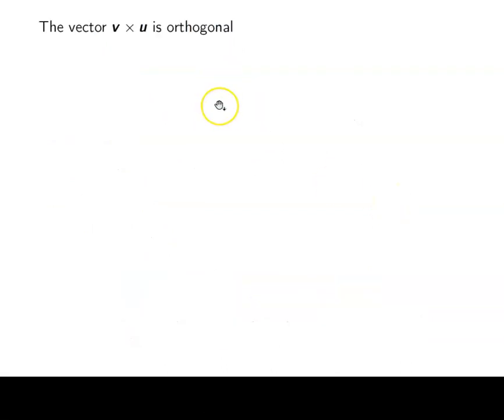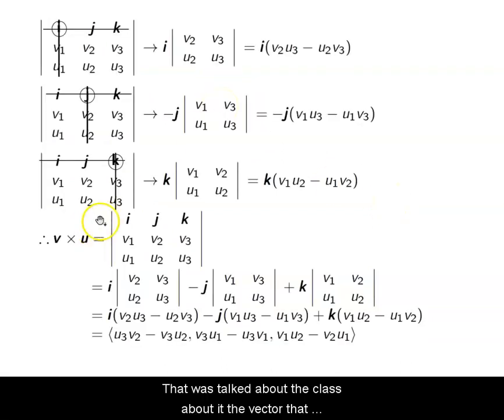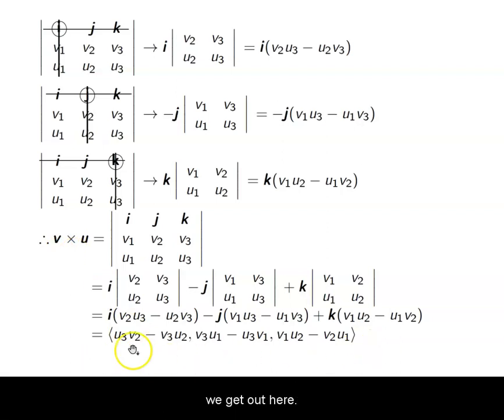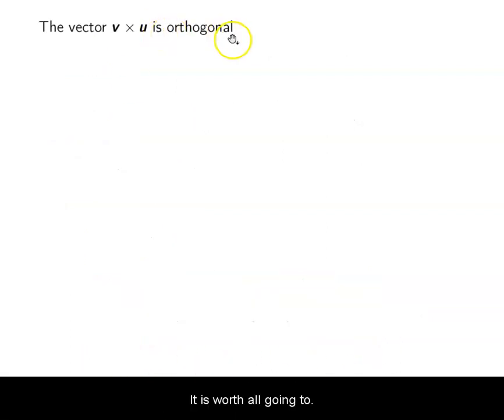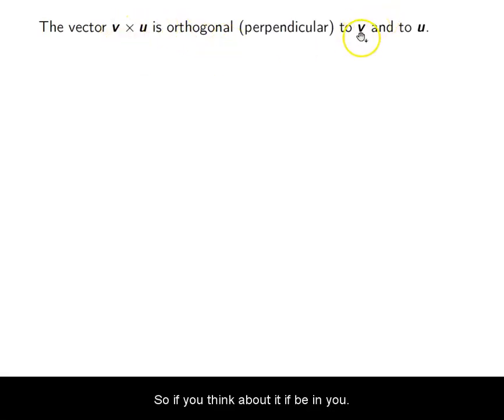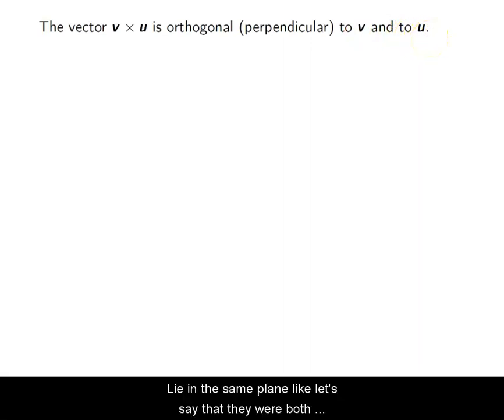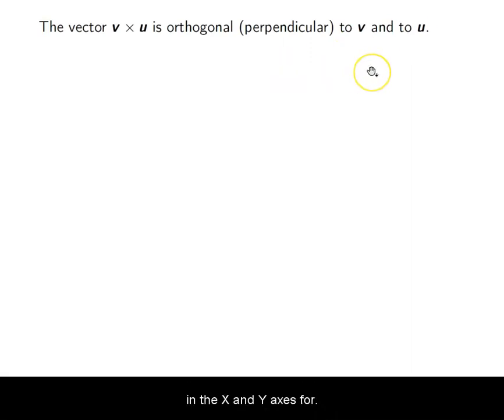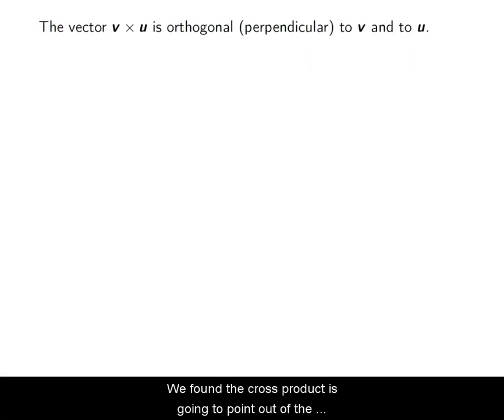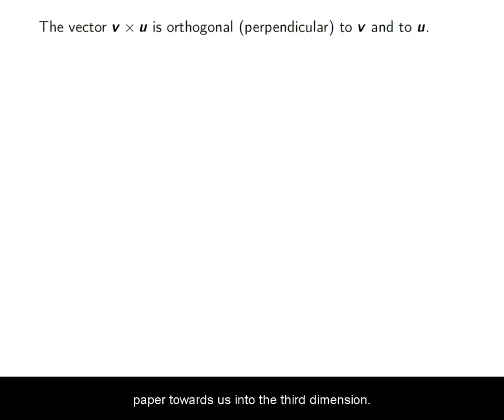So now to talk about the cross product. Okay, the vector that we get out here, it is orthogonal to both of the vectors that we started with. Okay, so if you think about it, if v and u lie in the same plane, like let's say that they were both in the x and y coordinate system, for instance, if we found the cross product, it's going to point out of the paper towards us into the third dimension.